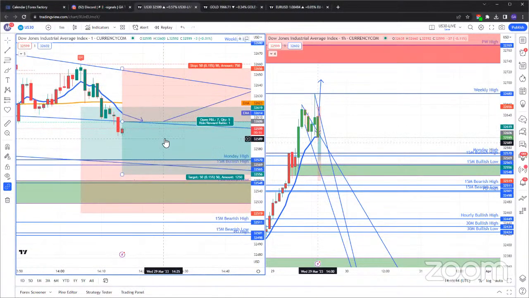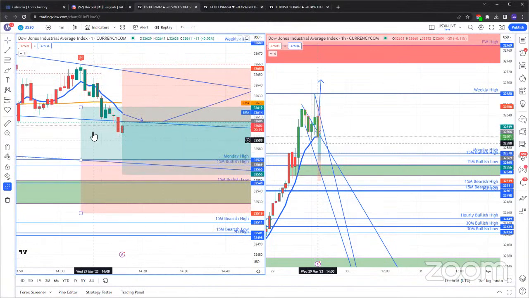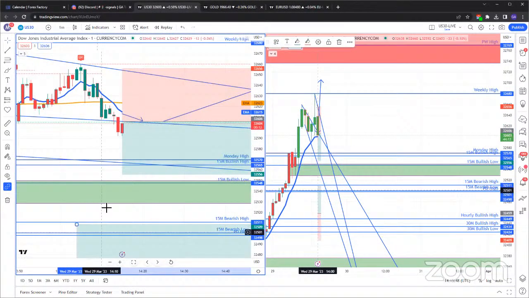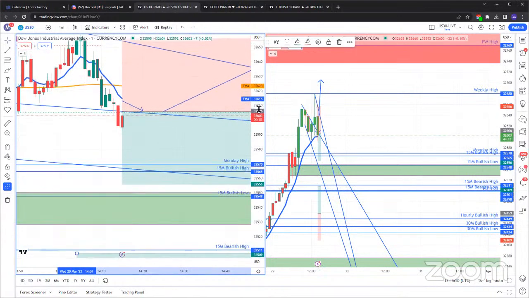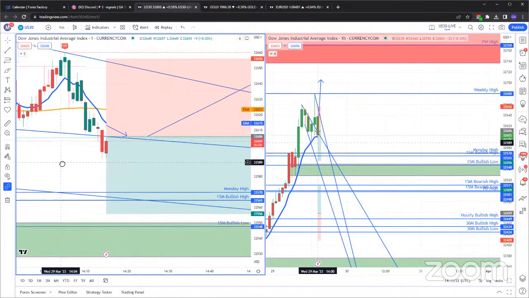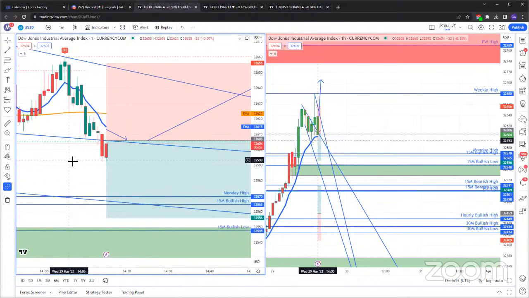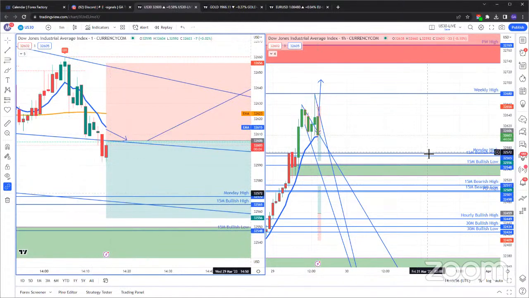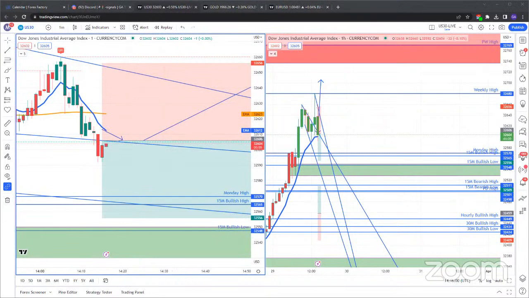For a better visual of what's going on, let me first get rid of this buy right here. I want to see what happens on the 1 minute time frame at this trend line. I want to see a perfect retest and perfect rejection on the 1 minute. So there you go.